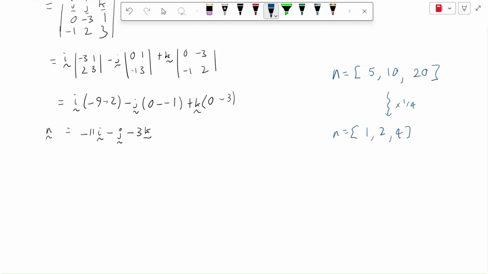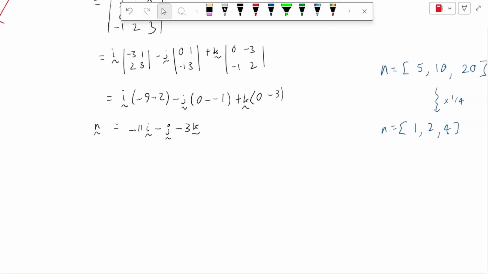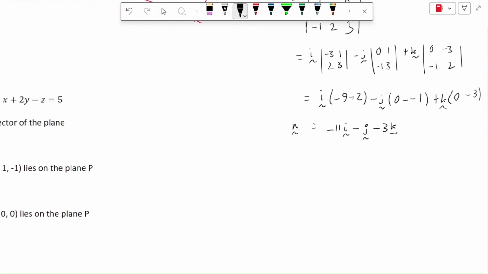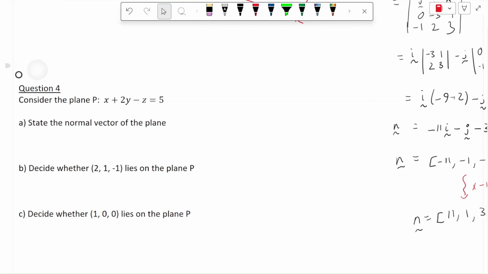So you are absolutely allowed to do that when you do plane normals. Our normal vector, we can't really scale it down. But what we can do is we can times everything by minus 1 and make our normal vector look a lot nicer. So positive 11, positive 1, and positive 3. So just be aware that that works.